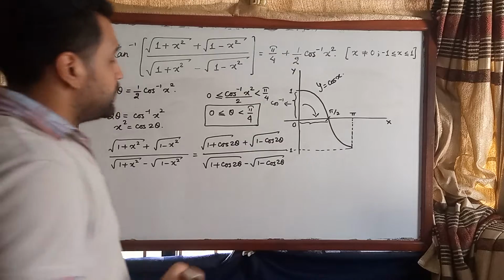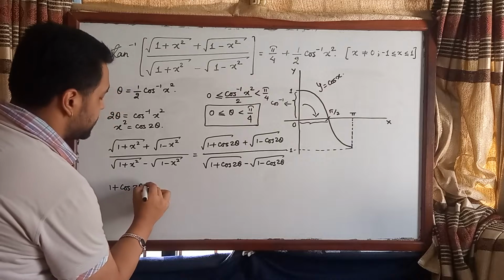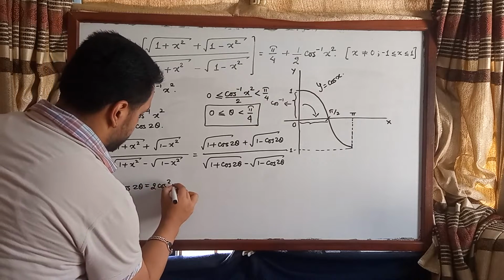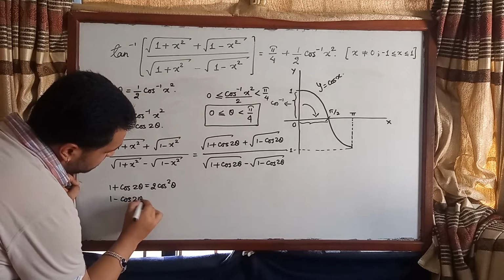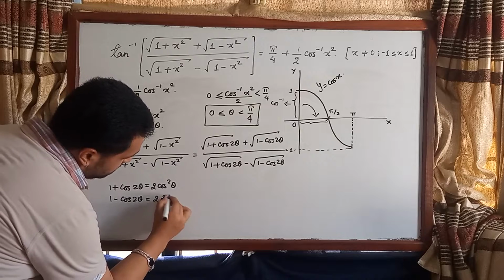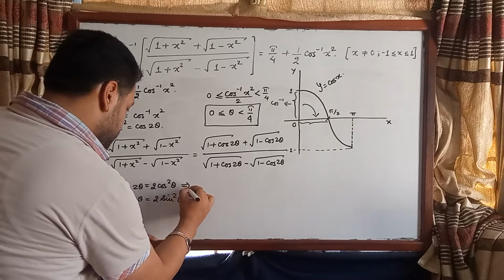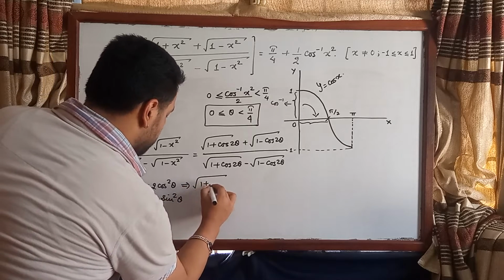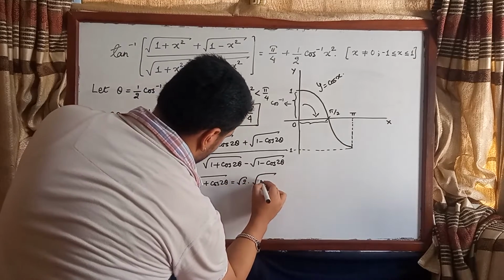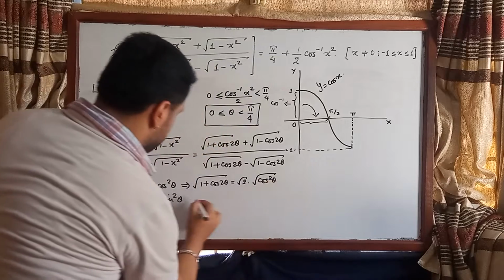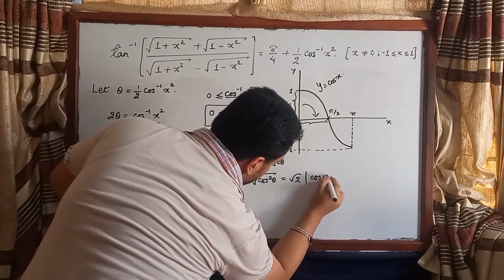Now we know that 1 plus cos twice theta is equal to 2 cos squared theta, and we also know that 1 minus cos twice theta is equal to 2 sine squared theta. So the square root of 1 plus cos twice theta is equal to square root of 2 times the square root of cos squared theta, which is equal to square root of 2 times the absolute value of cos theta.